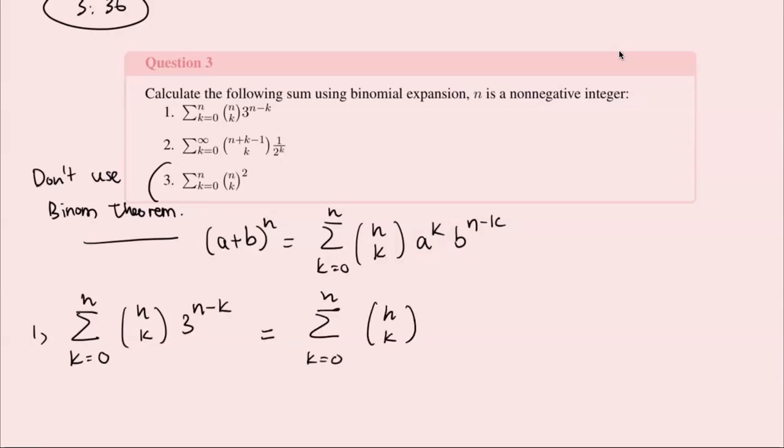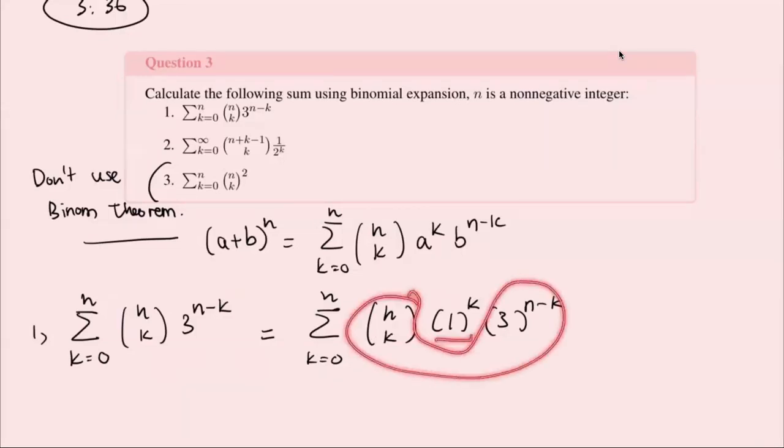Because if you multiply with any other number, it will give you a different expression. I hope that you see why these two expressions are equal, because 1 to the power of k is 1 for every k. And then the whole thing multiplied with 1 is just equal to the expression itself.